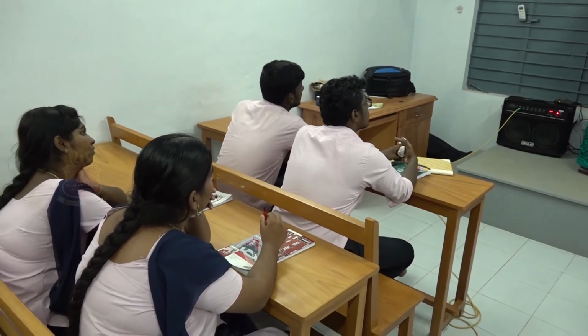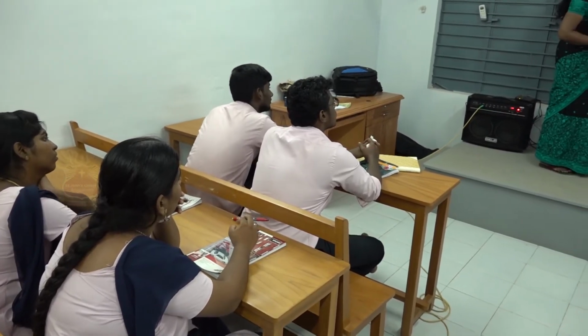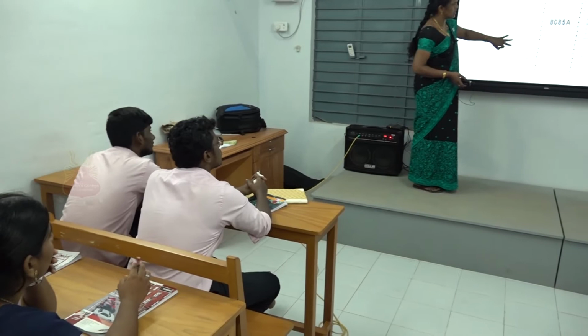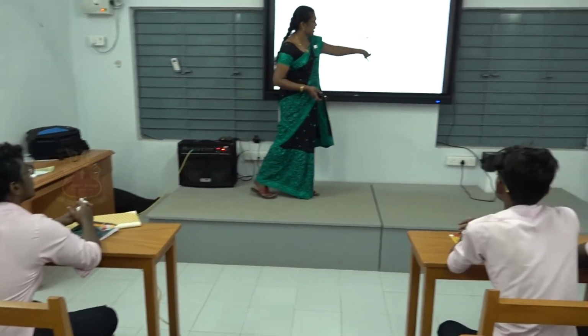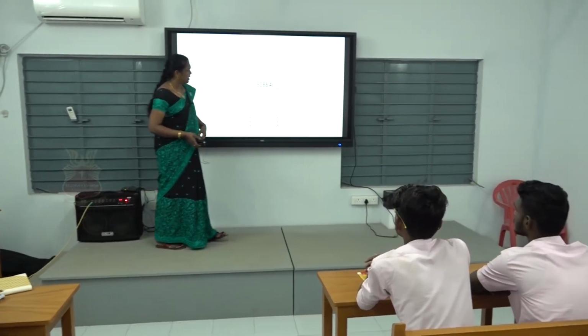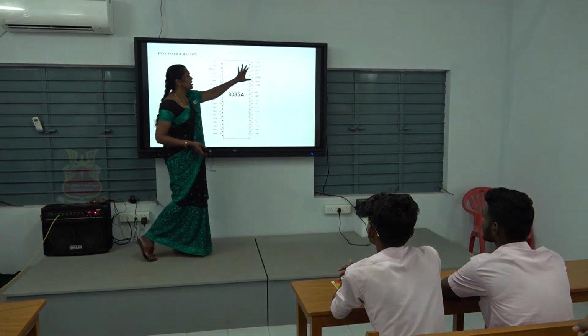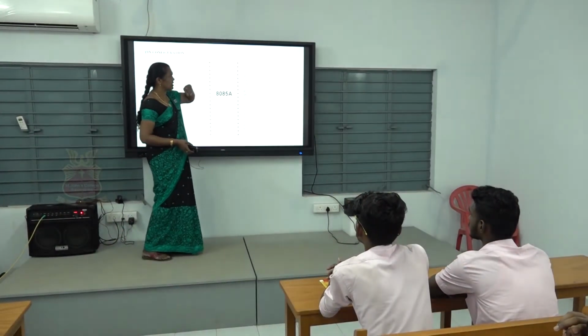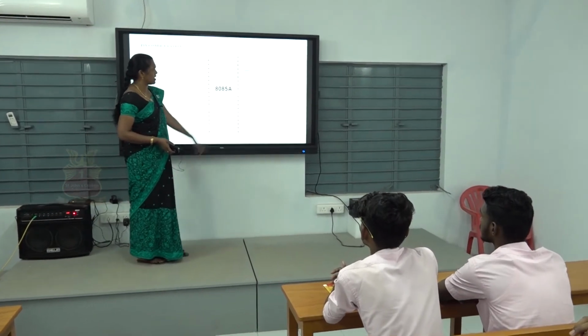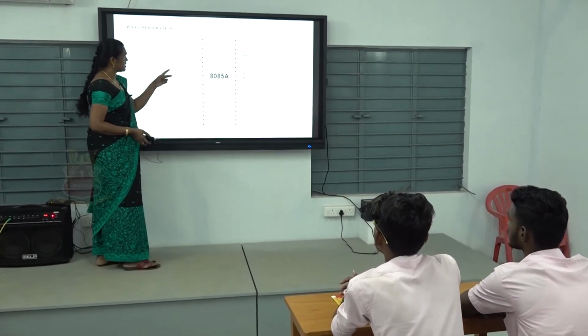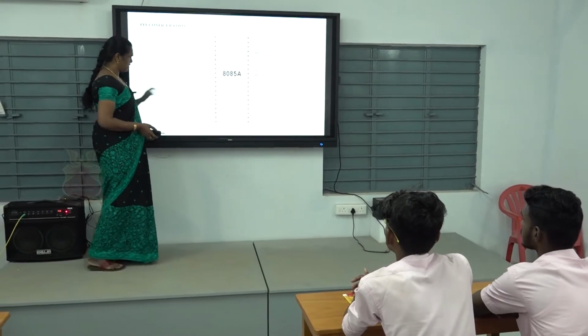Then AD0 to AD7, the address and data multiplexed bus. Then the third group, and the fourth, control and status signals. And this is machine oriented signals: HOLD, HLDA, reset in, reset out, that's it.